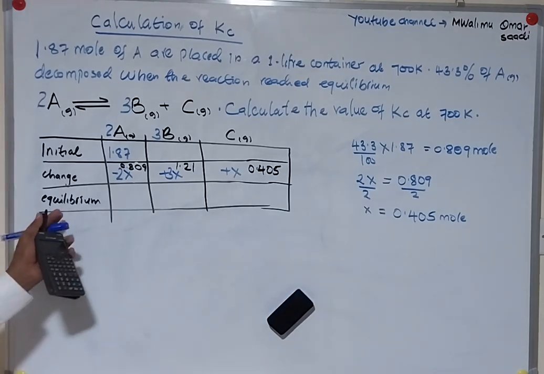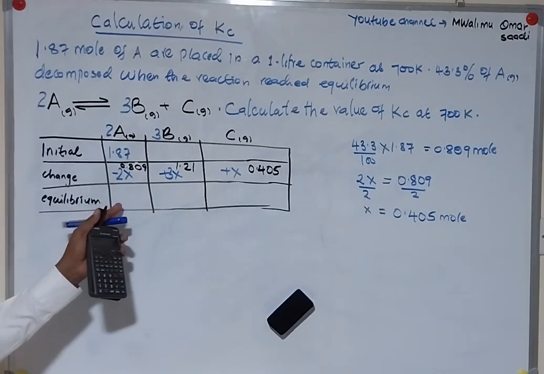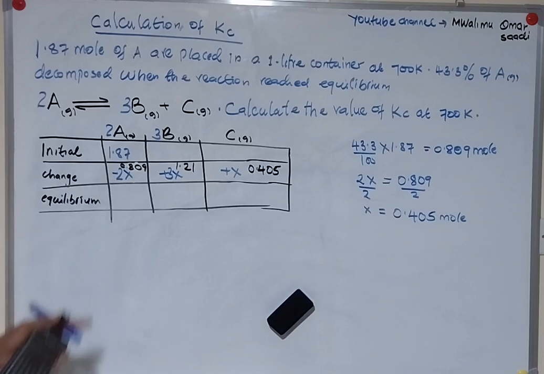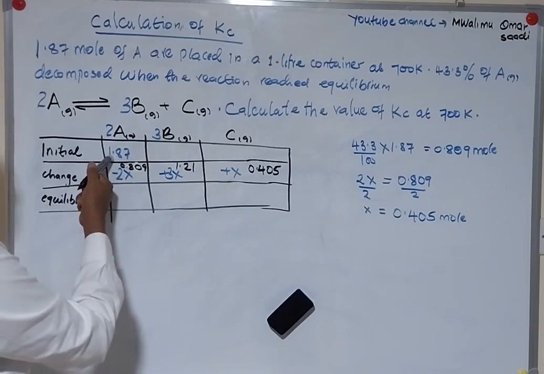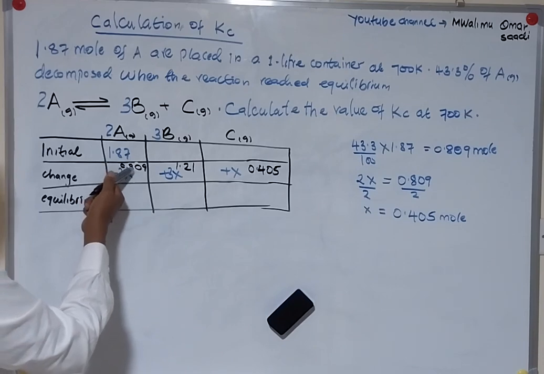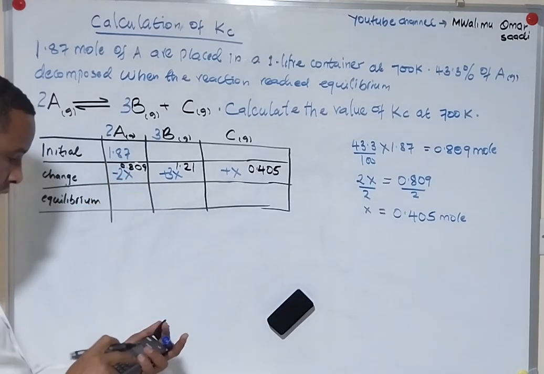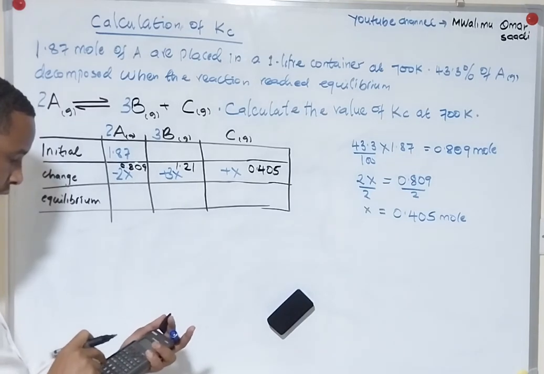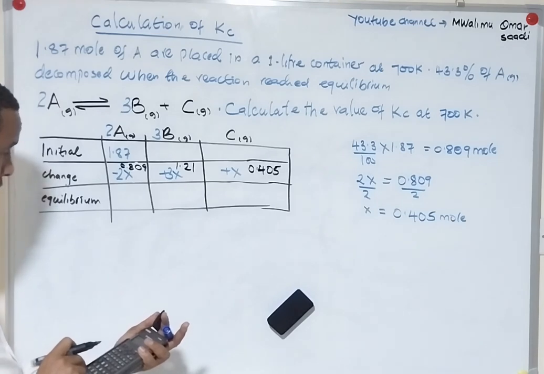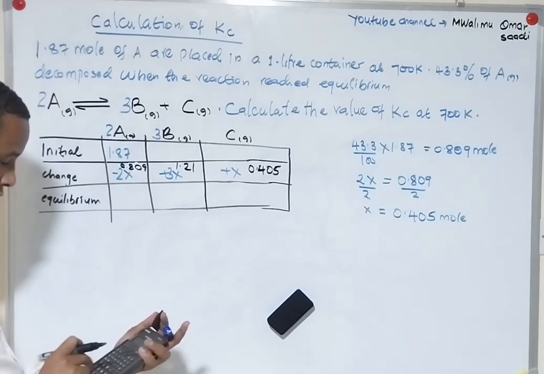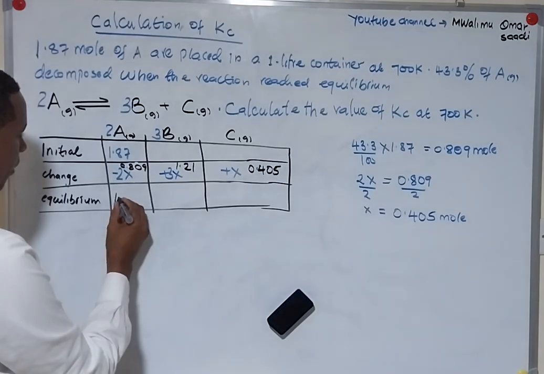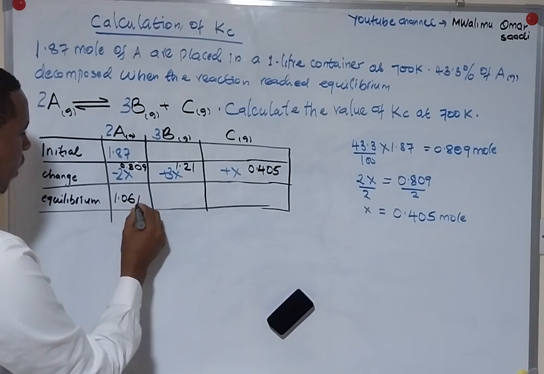So to calculate the equilibrium concentration is now easy. We'll only use the given values. Here we have 1.87, minus this value, which is 0.809. So 1.87 minus 0.809 is 1.061.